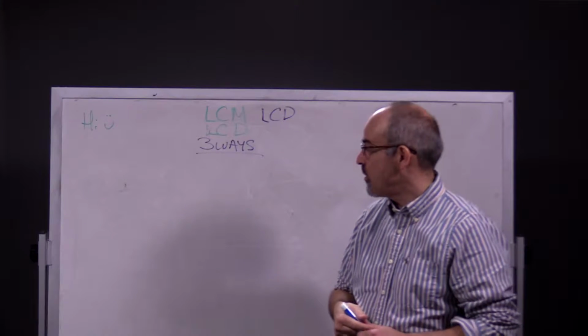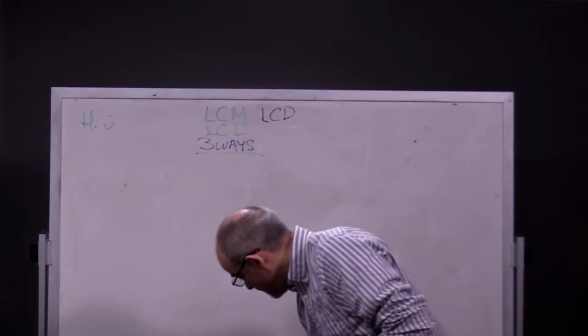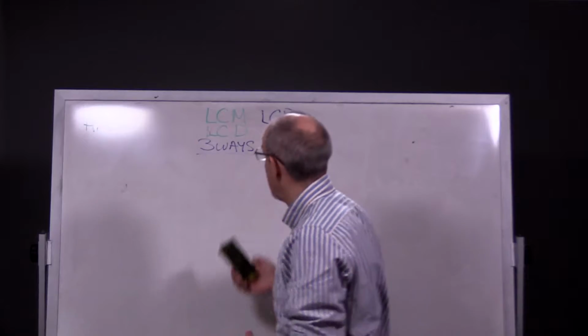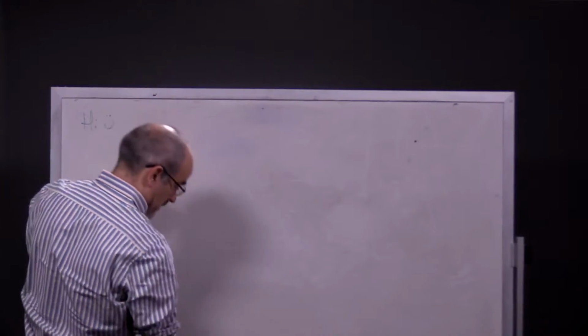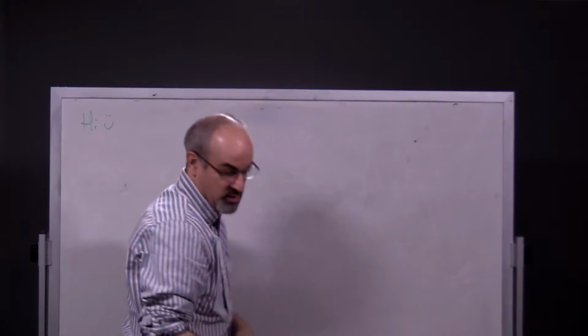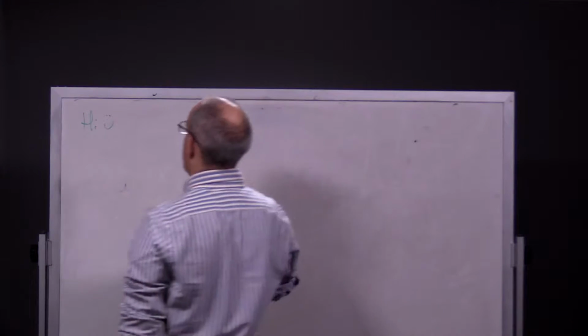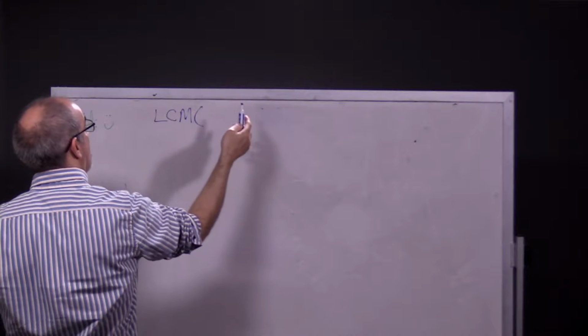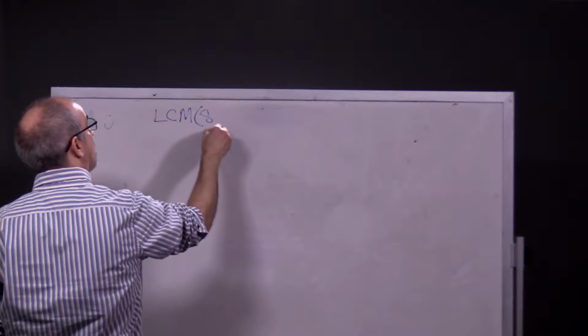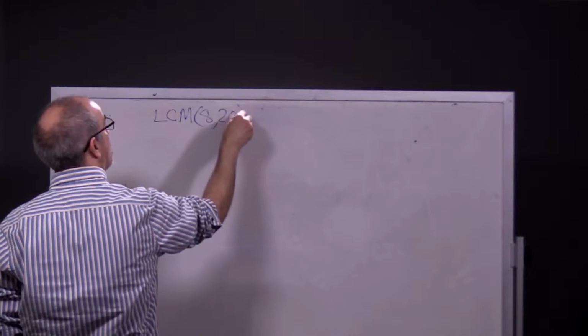So, the first way, let me erase this. First way, the easiest way probably, only really suitable for small numbers. Given two numbers, let's say we want to find the LCM of 8 and 20.